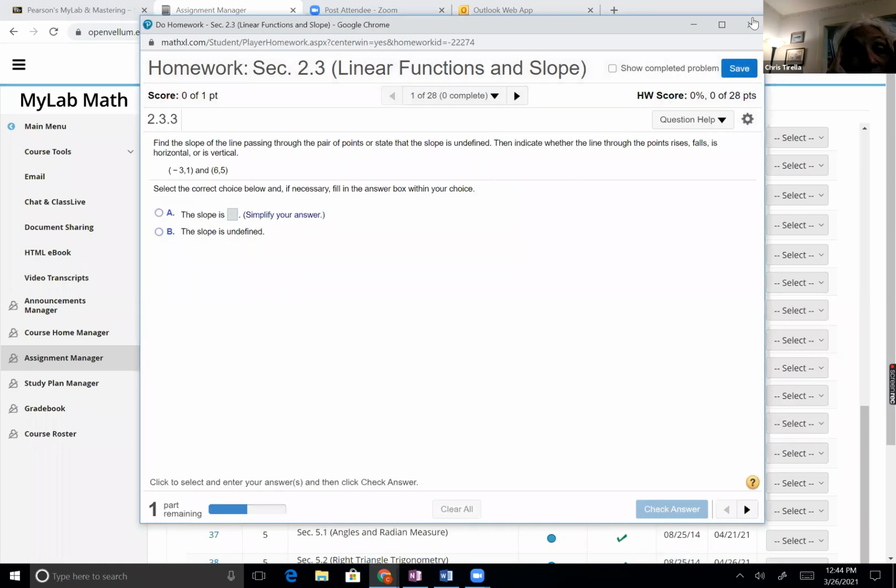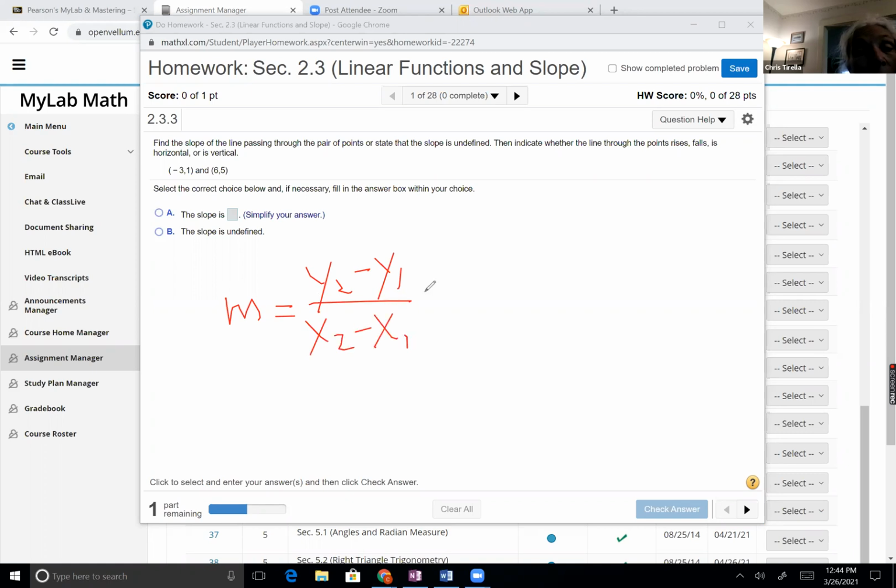So there are questions like this: find the slope of the line passing through the pair of points, or state that the slope is undefined if the line through the points rises, falls, is horizontal or vertical. And so with these questions, we're going to find the slope. Remember, the slope is the difference in the y values over the difference in the x values. So my y values would be 5 minus 1.